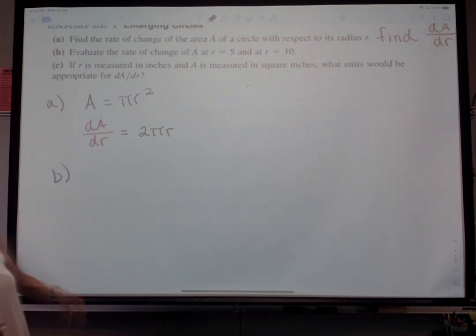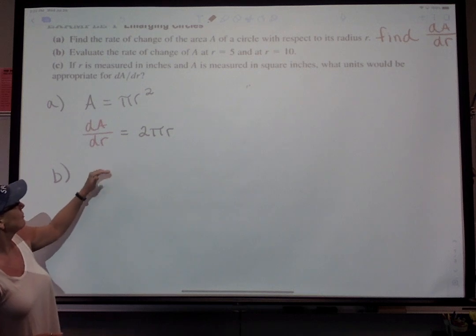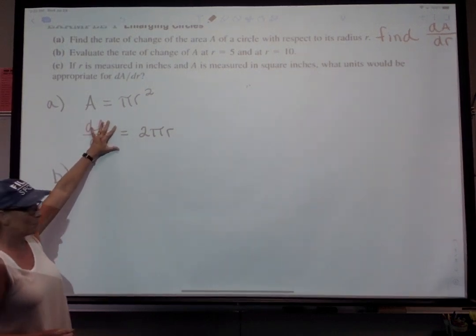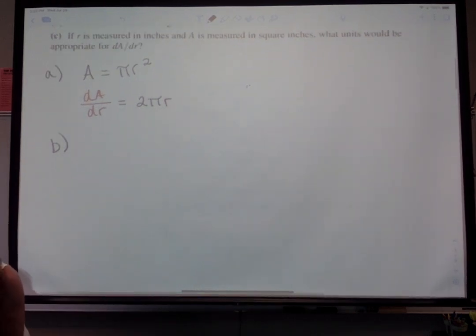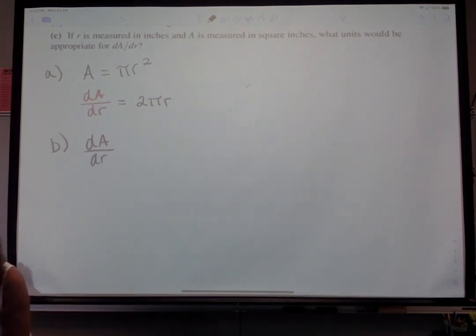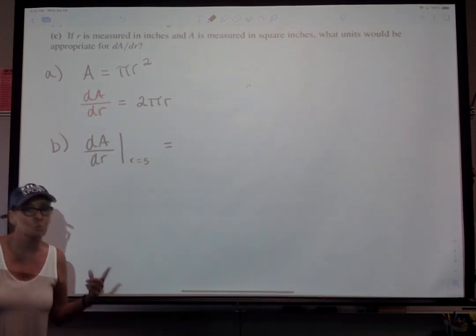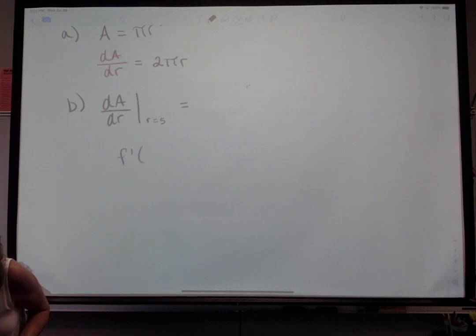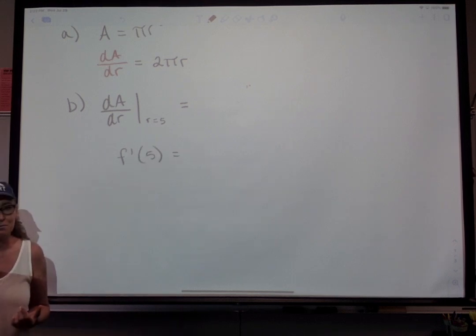So when you're substituting in a number for R and it's written in this form, you're not going to like it, but this is how we're going to do it. I'm going to say I'm using the derivative and I'm plugging in 5. So I'm going to do a vertical bar, and down here, R equals 5. If this were a function named f, I could do this. But it's different.